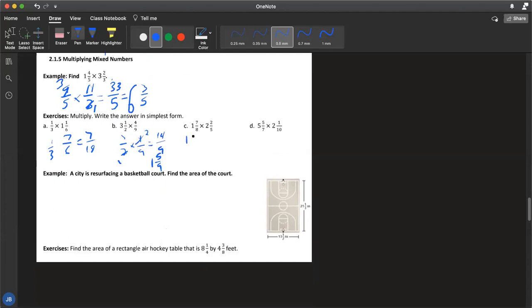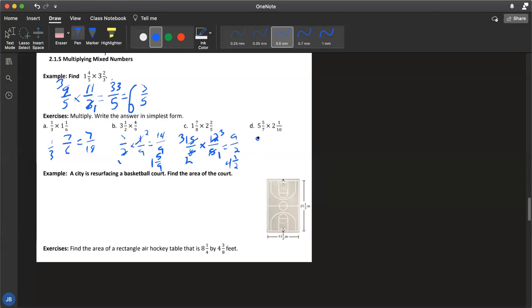So this one would be 15 over 8 times 12 over 5. This can be a 1. 15 can turn into a 3. 4 goes into this 2 times. 4 goes into this 3 times. We're stuck with 9 over 2, or 4 1/2. 5 times 7 is 35.